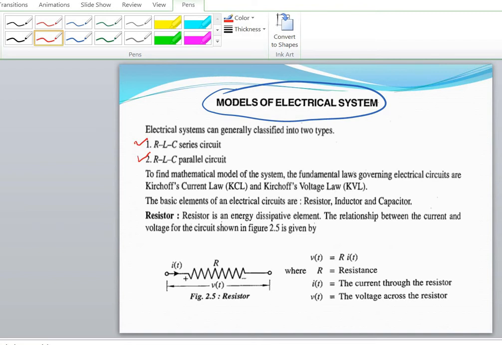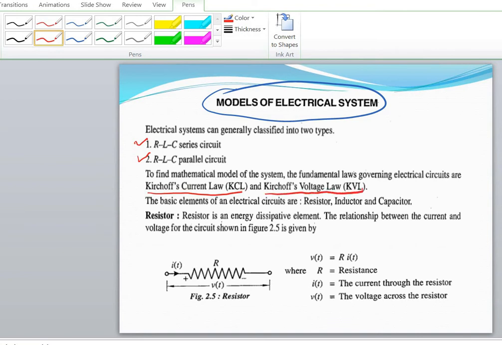All of us know electrical systems have series circuits and parallel circuits. To find the mathematical model of an electrical system, the fundamental laws governing electrical circuits are Kirchhoff's current law and Kirchhoff's voltage law.